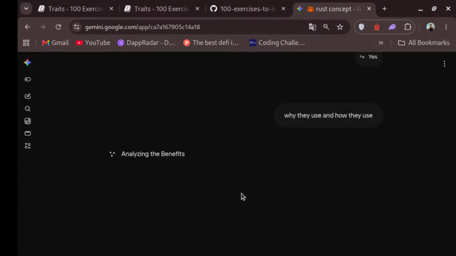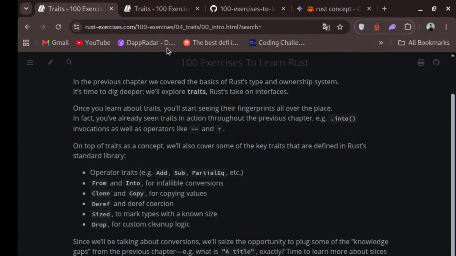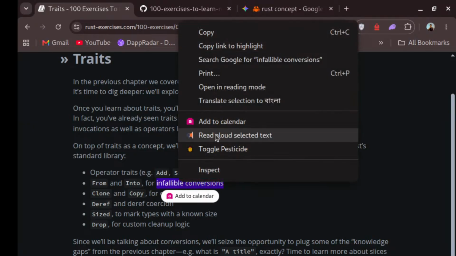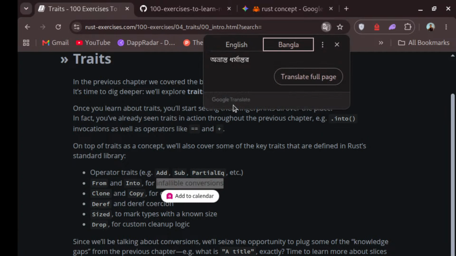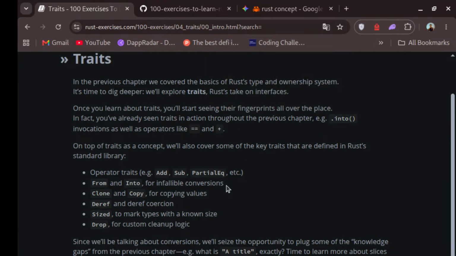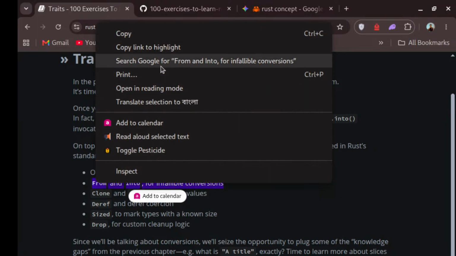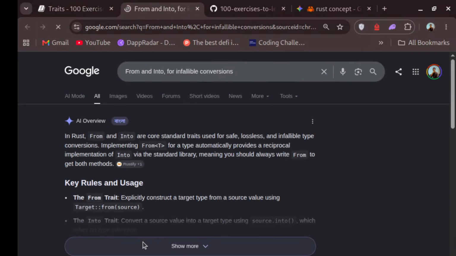That is not a big deal. Infallible conversions, why not search in Rust by Example.